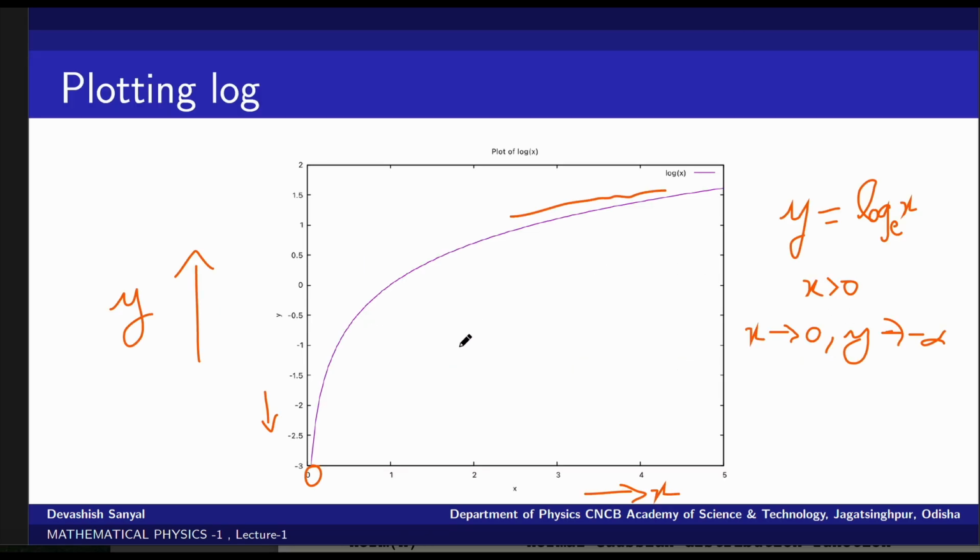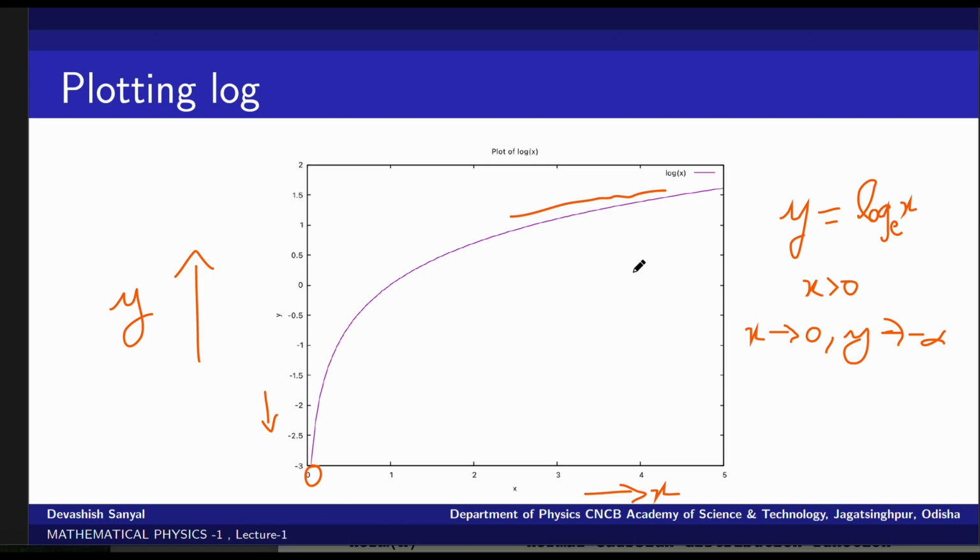If you go to the graph plot, you can see a very sharp, steep increase, and after that it's not that steep, it's becoming flat. As you increase x, it will become more and more flat, and that is what I meant when I said it's plateauing off.